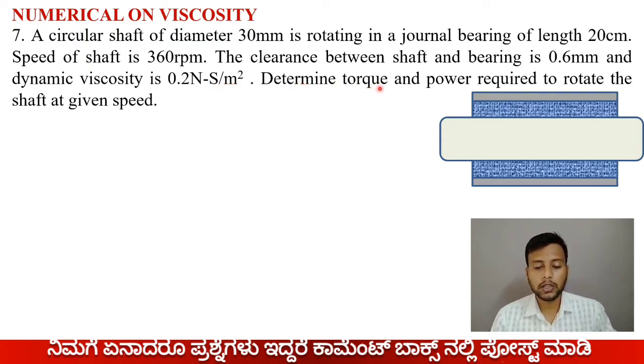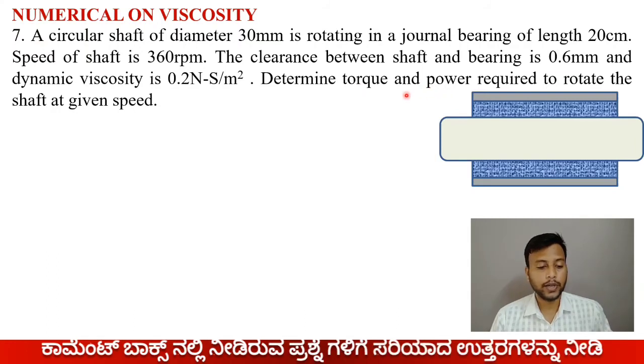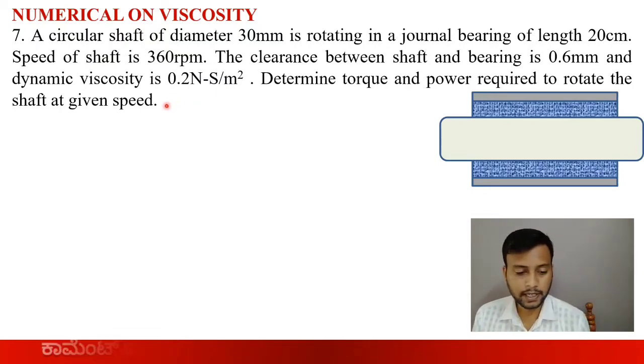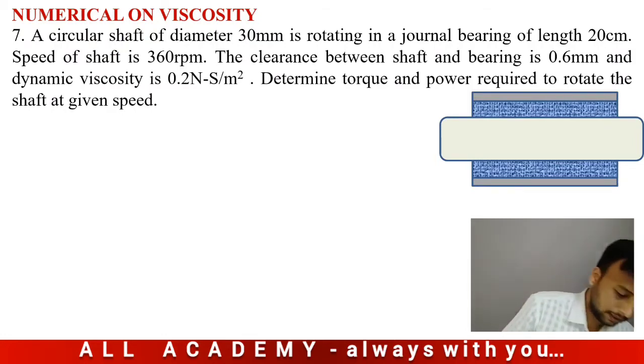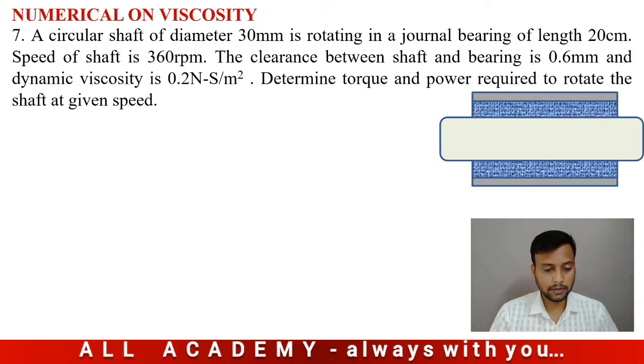Determine the torque and the power required to rotate the shaft at the given speed. This is a little different numerical compared to all the previous examples, and this question is asked for 8 marks in your examination.